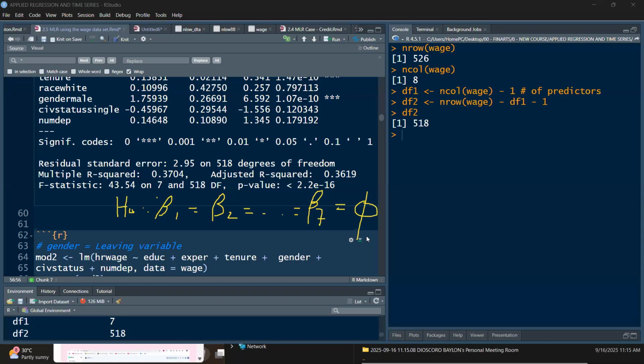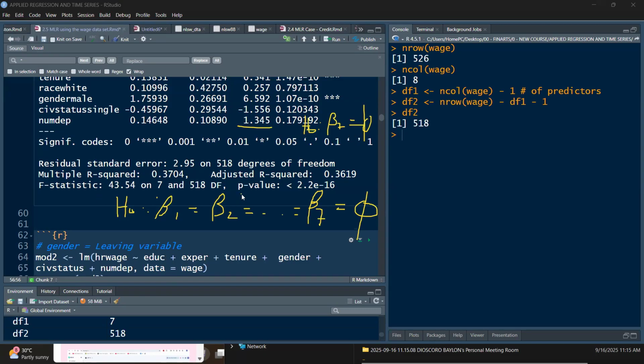So it's a joint test of significance. Unlike here, for example, beta 7 is equal to 0, which is your individual t-test. So this is your null hypothesis here. That's the difference, class, between the hypothesis in your individual t-test and in your joint test.